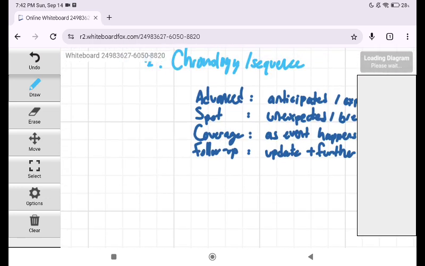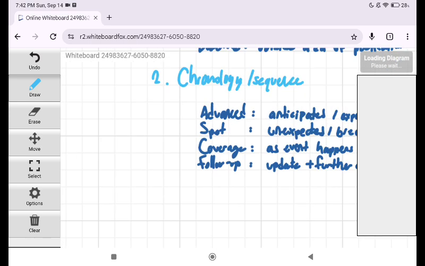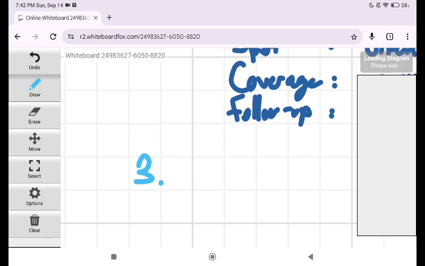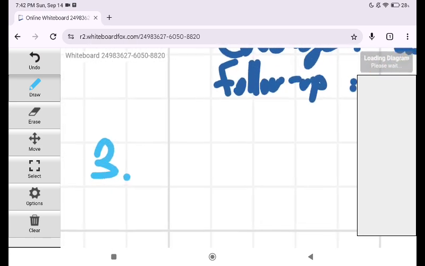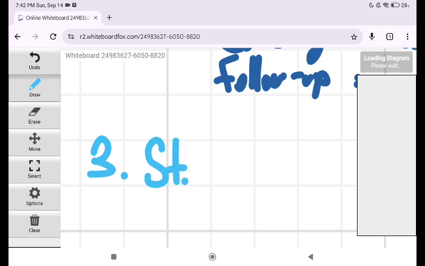So for the next one, we have the structure, or how the news is written. Alright, so we only have two types on the structure. So we have the feature and the hard news, or straight news.